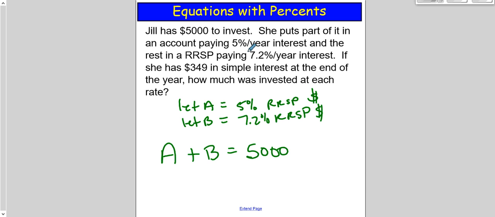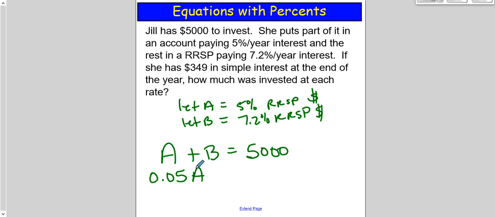And then our other equation is going to represent our interest equation. So our interest equation is 5% per year. Remember, we don't write it as a percent. We write it as an actual decimal. So 5% per year is going to be written as 0.05. And that'll go into RSP A. Okay.